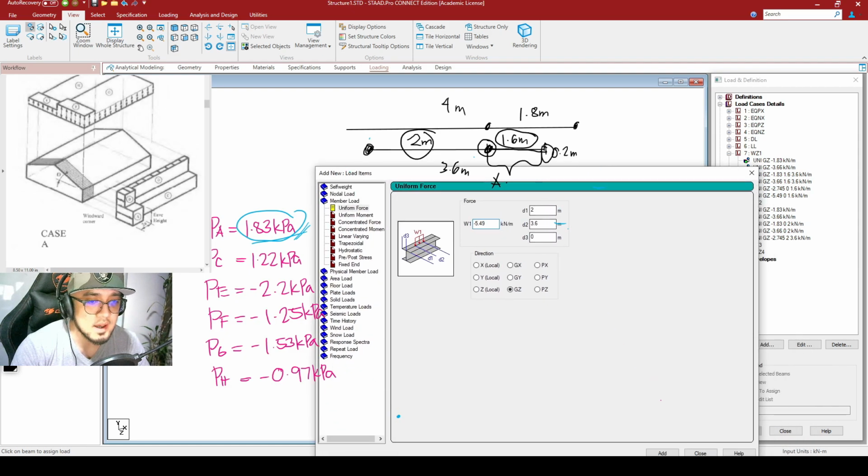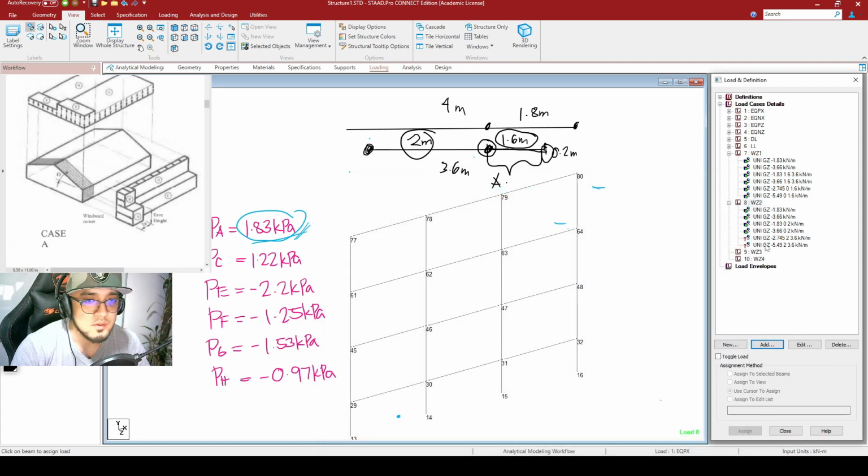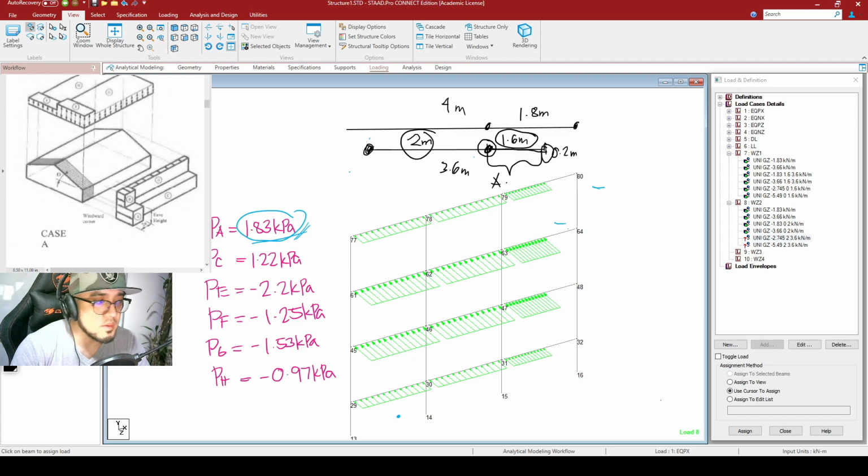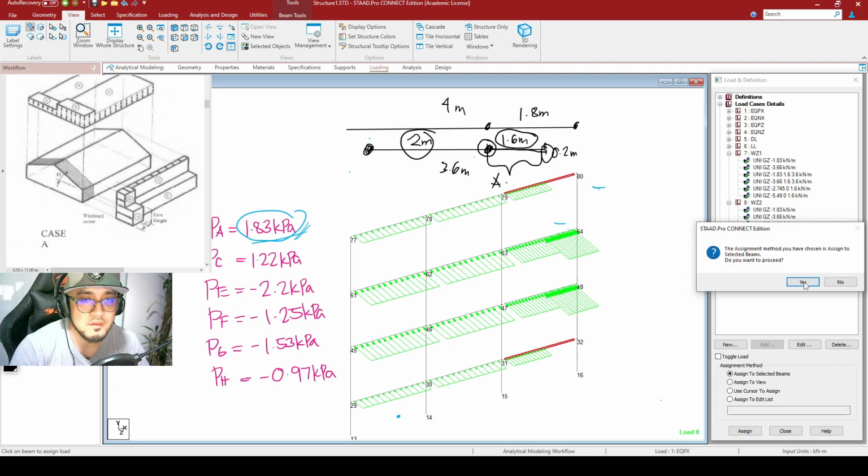Then click add. Okay, so there, and I would be assigning those to these beams right here. This is for negative 2.745. This is for negative 5.49. And this is for negative 2.745.